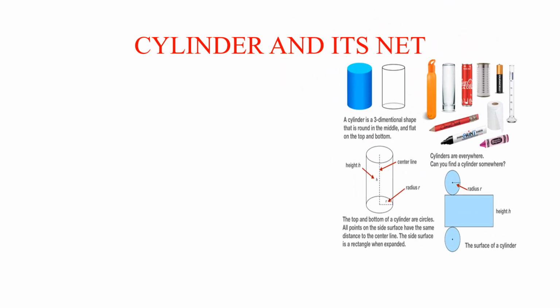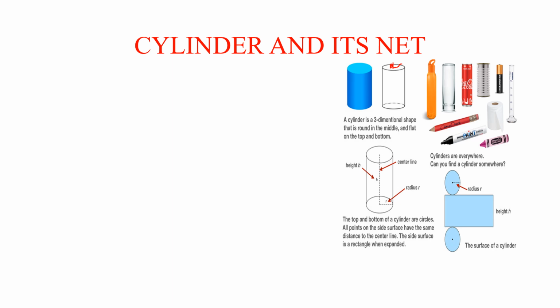When you look at this cylinder, it has two circles and a curved surface. It means that to form a cylinder, you must have two circles and a rectangle. That is why you see me having my shape here, the net of a cylinder.